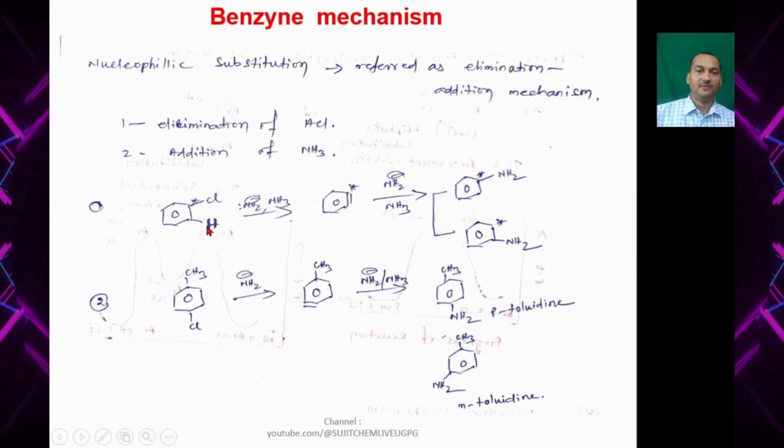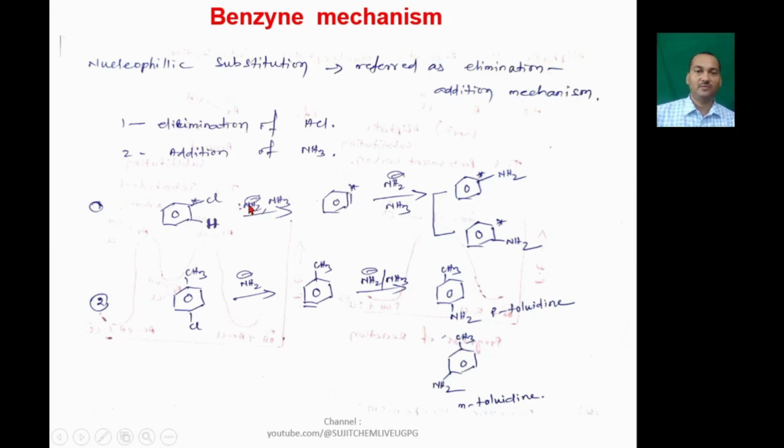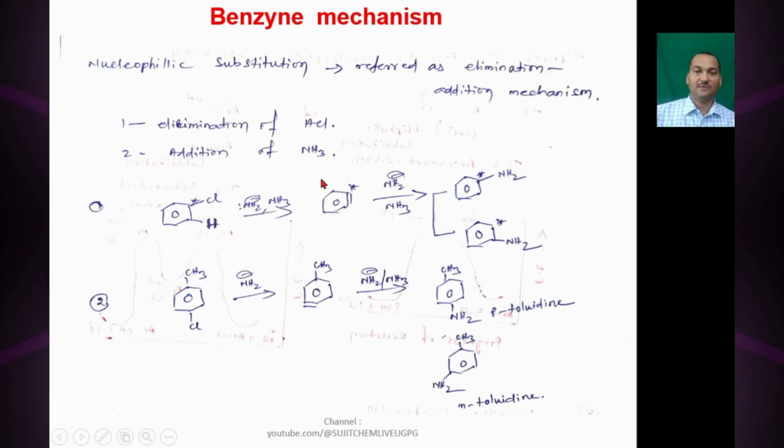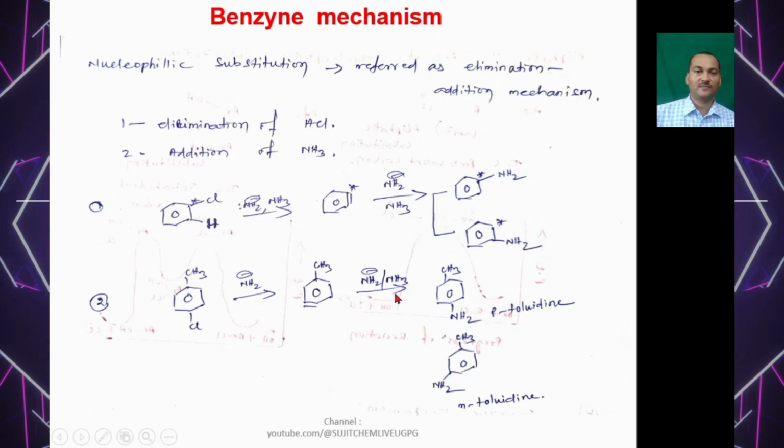So if we have labeled chlorobenzene, it would react with NH2 minus and ammonia, giving rise to this labeled benzyne, and you can have a mixture of these two products.